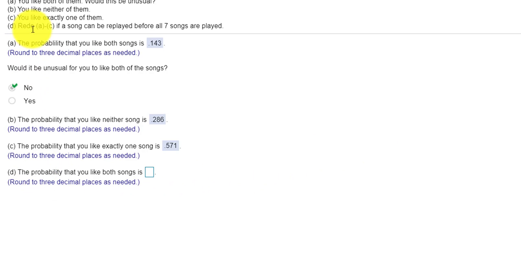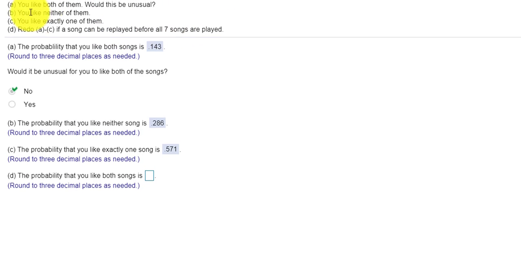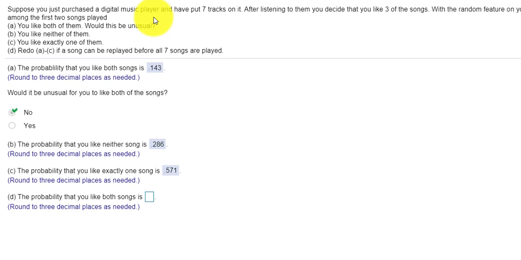Now for part D, it says redo questions A through C if a song can be replayed before all songs are played. So for parts A, B, and C, each song was played once, right? So if song XYZ came up first, XYZ couldn't come up again. Now they're saying a song could come up twice in a row. The songs can be repeated.